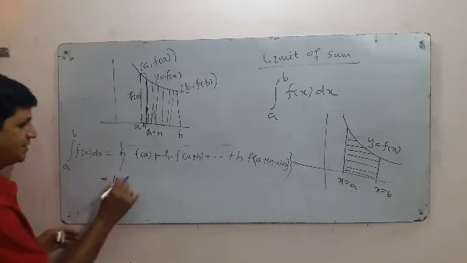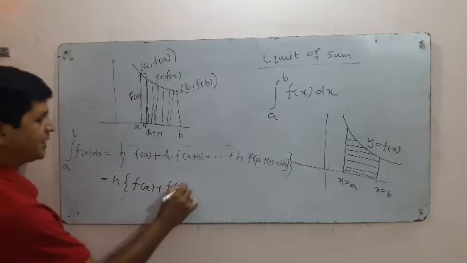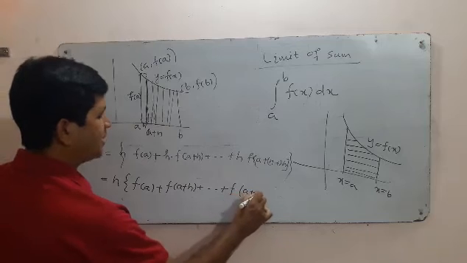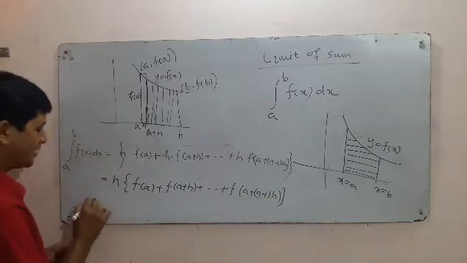That is h into f of a plus f of a plus h plus f of a plus n minus 1 into h, right? What is h?